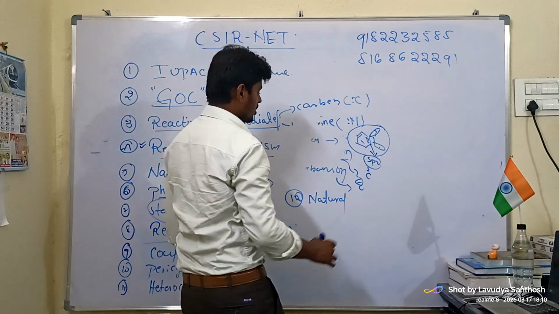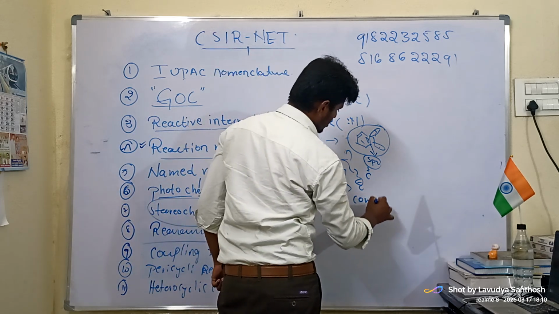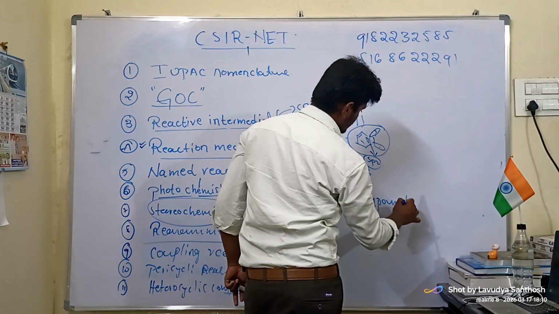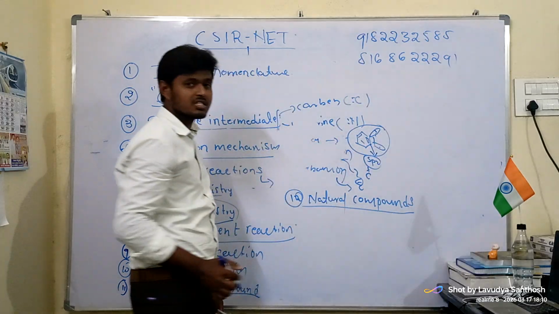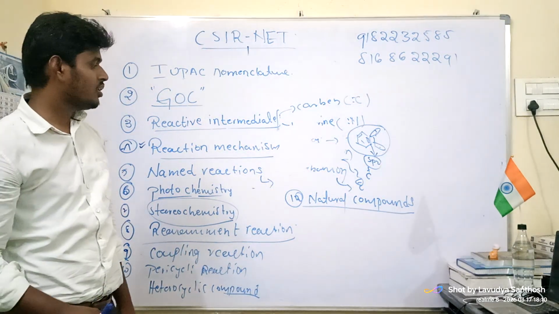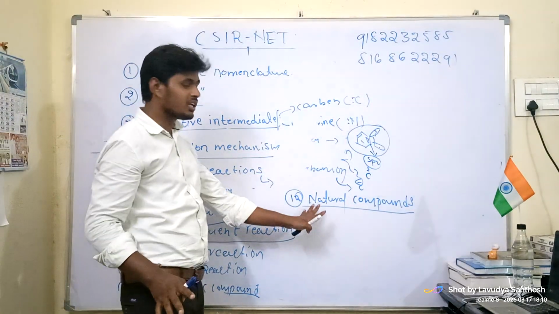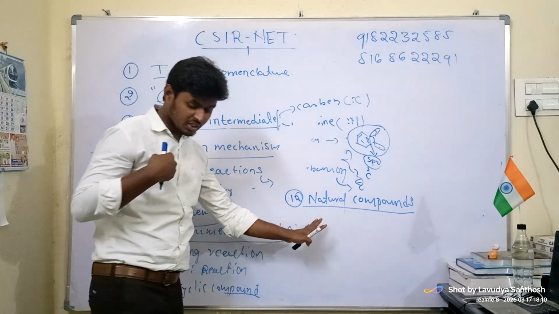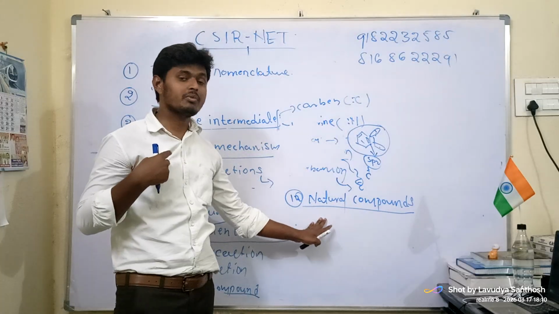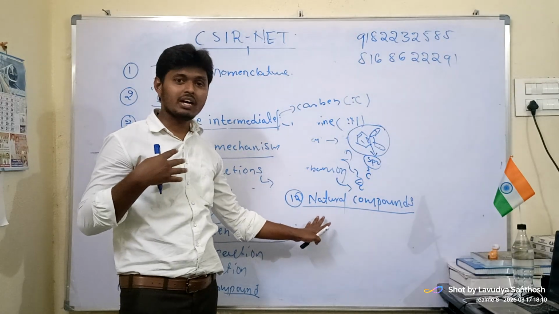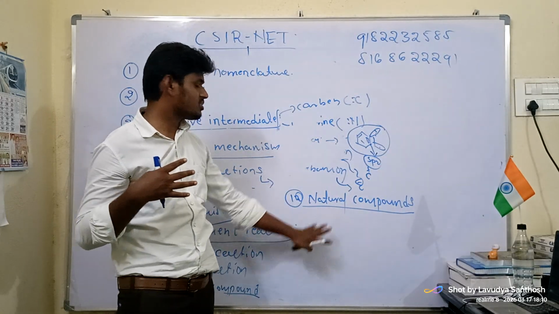12, natural compounds. Natural compounds are steroids, alkaloids, flavonoids, and also amino acids, types of amino acids, DNA, RNA. Those are what we read in natural products.